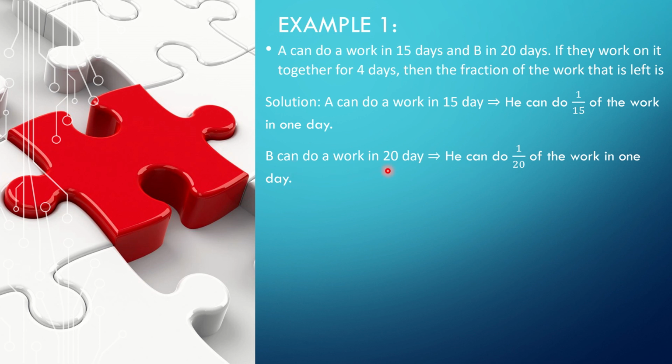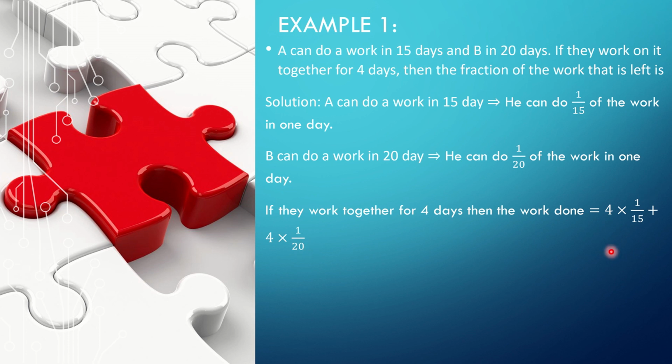Now if they work together, we simply add 1/15 and 1/20 to find how much work will be done in 1 day. For 4 days, we multiply: 4 into 1/15 is the work done by A in 4 days, and 4 into 1/20 is the work done by B in 4 days.